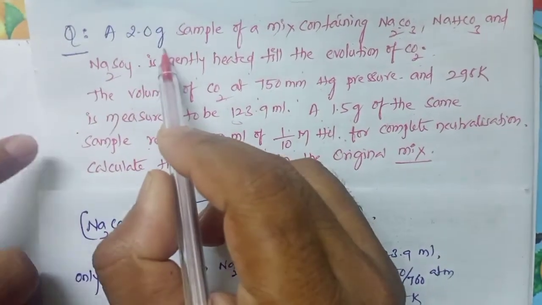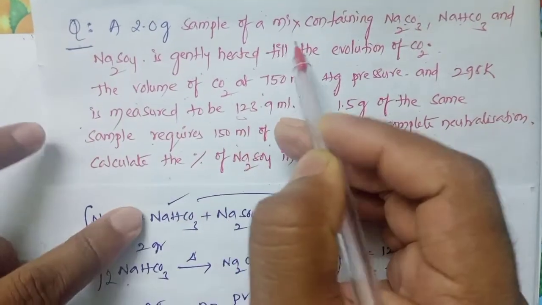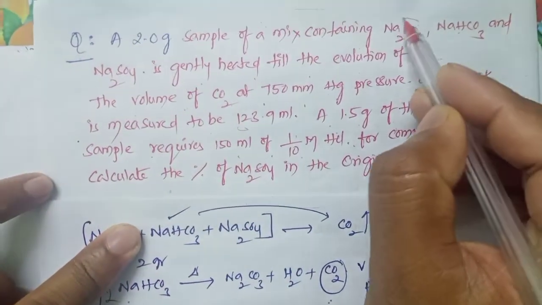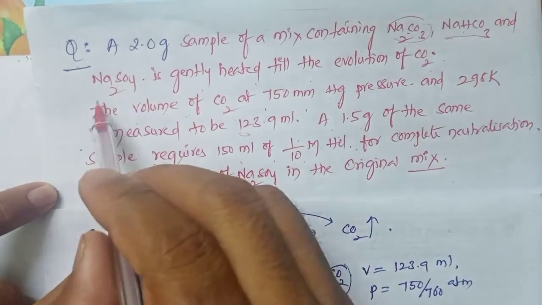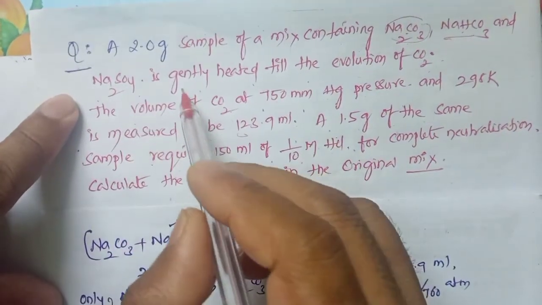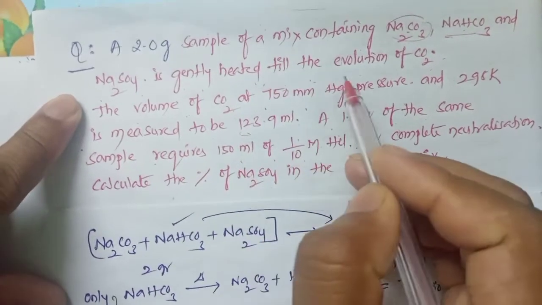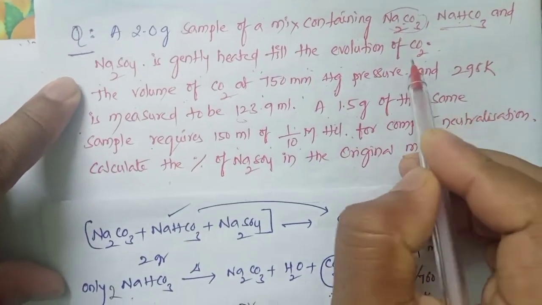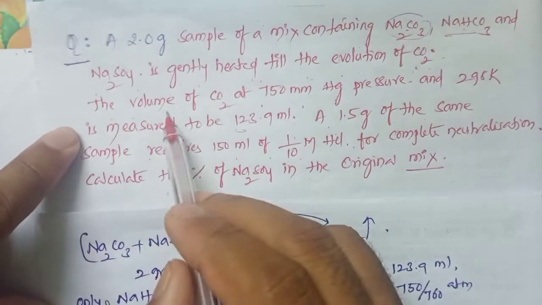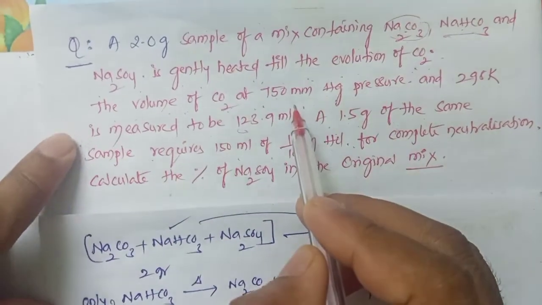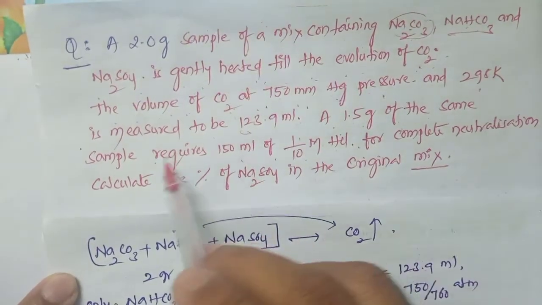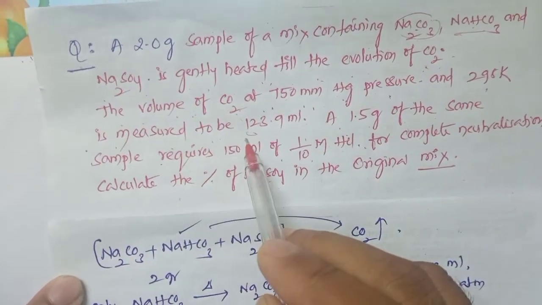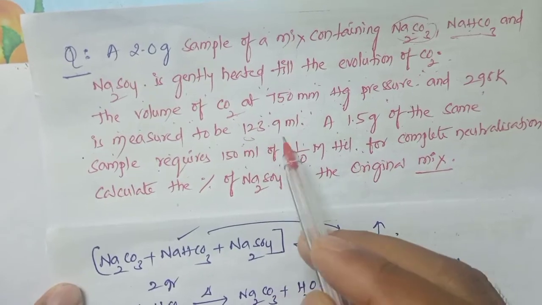A 2.0 gram sample of a mixture containing sodium carbonate, sodium bicarbonate and sodium sulfate is gently heated till the evolution of CO2. So CO2 gas is evolved. The volume of CO2 at 750 mm Hg pressure and 298 Kelvin is measured to be 123.9 ml.